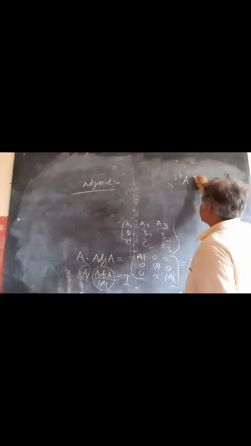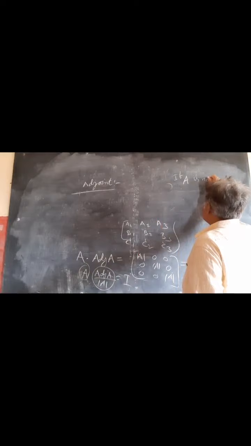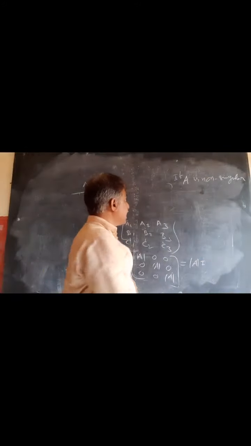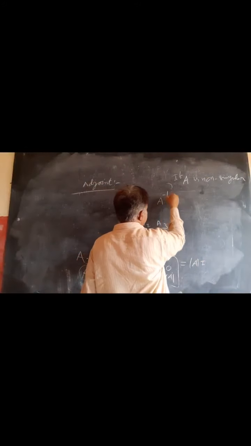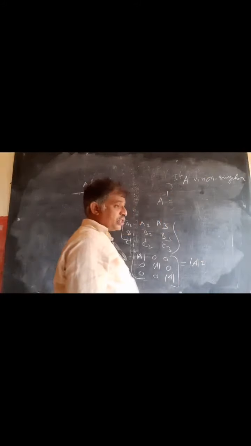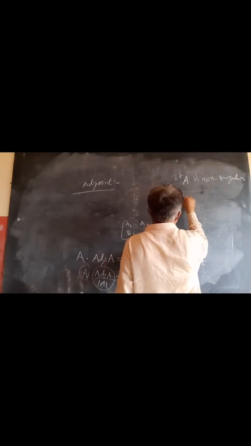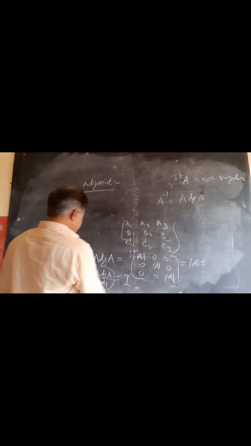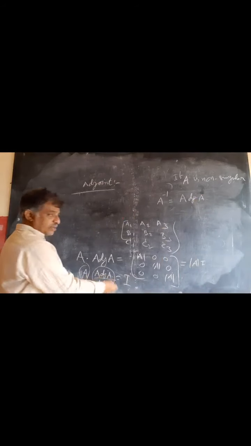If A is non-singular, then only inverse is possible, and A inverse equals adjoint A by det A. This is if A into B equals I, one is the inverse of the other.